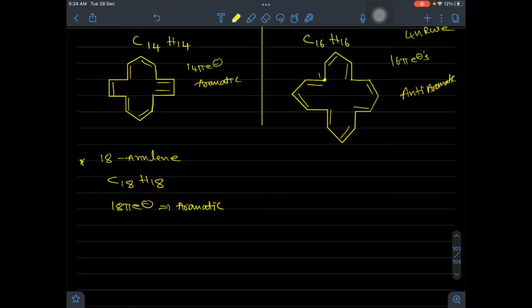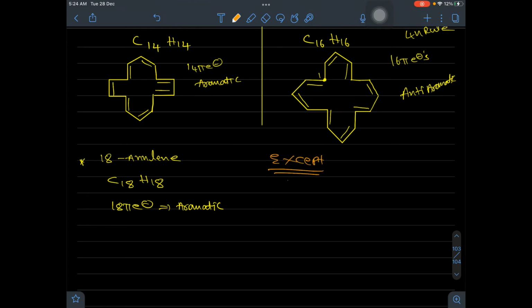So like annulene compounds, aromaticity will be predicted based on knowing the number of pi electrons, and the number of pi electrons is just the n in n-annulene. With that n value only we will be writing its molecular formula. But in this we have an exception.